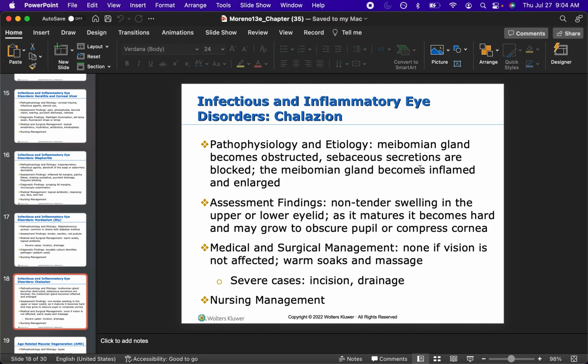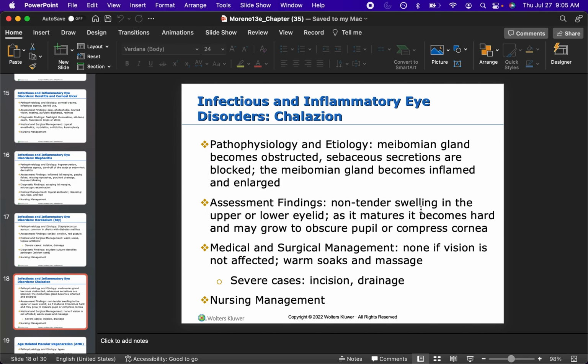At first I thought it might have been a sty, but then we went in and got it diagnosed last year, and she had to get surgery to take it out because it was too big. Basically, it's those sebaceous glands in the eyelid area. They become blocked, and so it becomes inflamed and enlarged. It doesn't block anything, but if it gets big enough, it can scratch that cornea, which you don't want, and it's probably not very comfortable either.